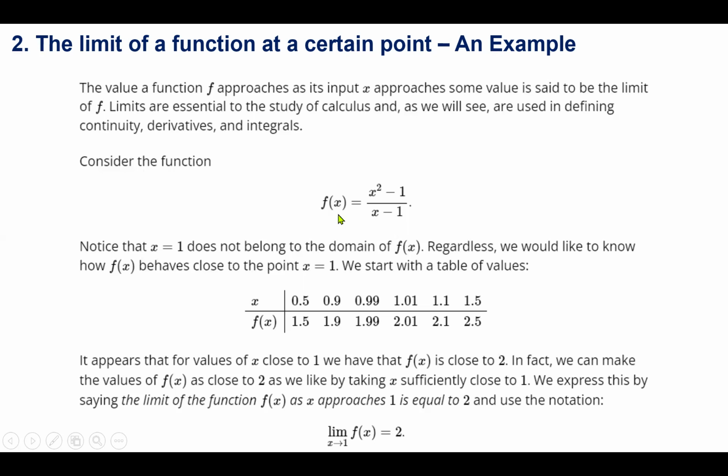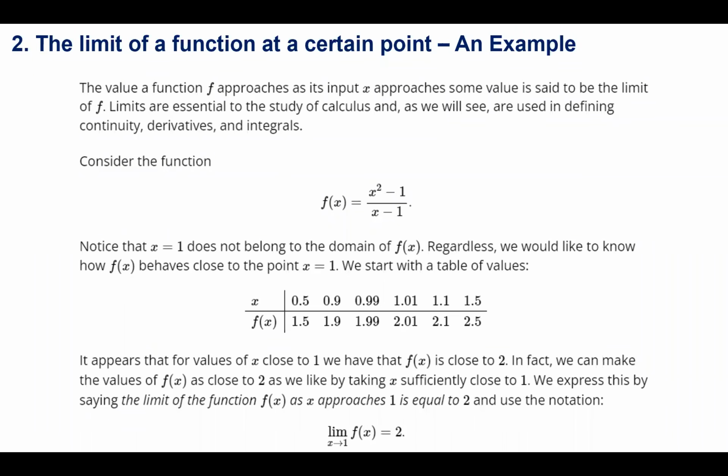Let's consider this function here. f(x) equals x squared minus 1 divided by x minus 1. Notice that x equals 1 does not belong to the domain of f(x), right? Because the denominator is x minus 1.